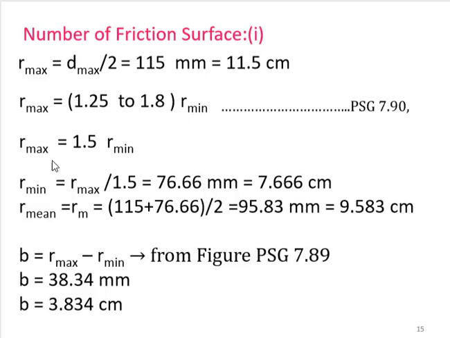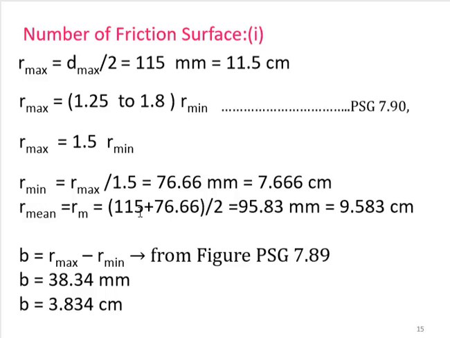So I have taken R max as 1.5 times R minimum. Since we know R max, we can find R minimum, which turns out to be 7.666 centimeter. Now we know R minimum and we can also find R mean.